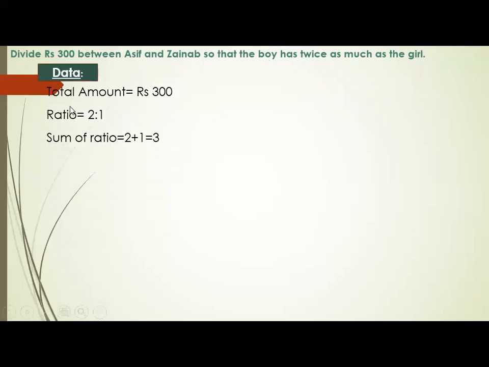First, the data heading. Total amount is 300. Ratio is 2 to 1. And what about the sum of ratio? 2 plus 1 is equal to 3. Now this is all about the data. We want total amount, sum of ratio, and the individual ratio. For Asif, the ratio is 2 and for Zainab, the ratio is 1.